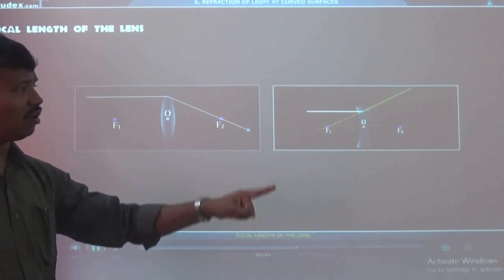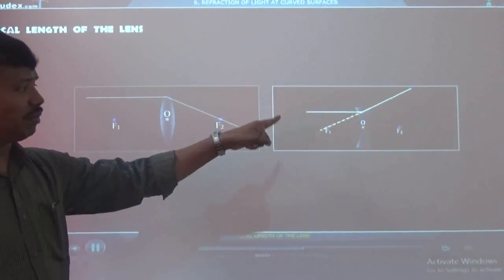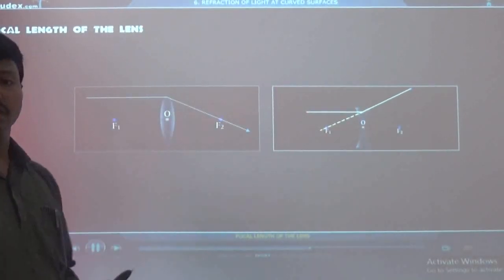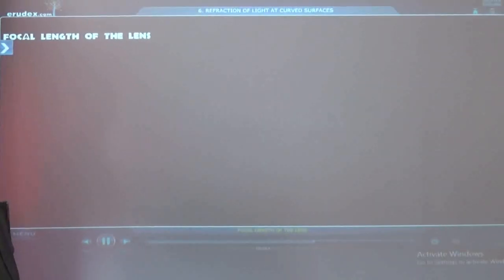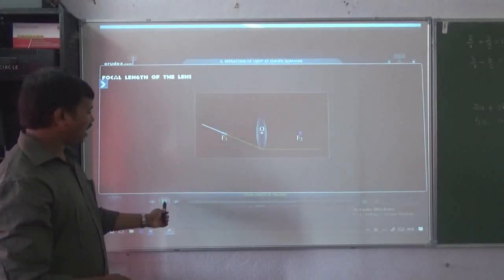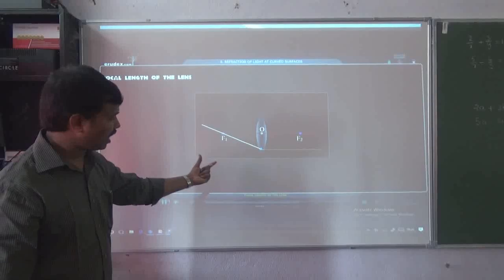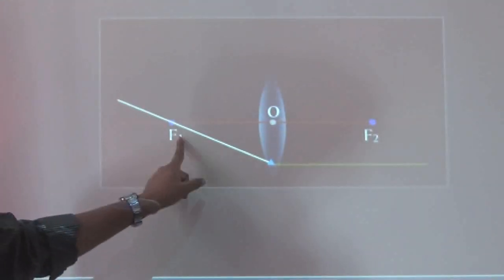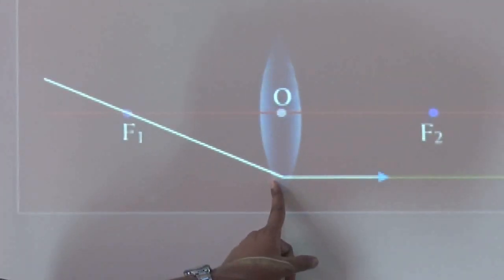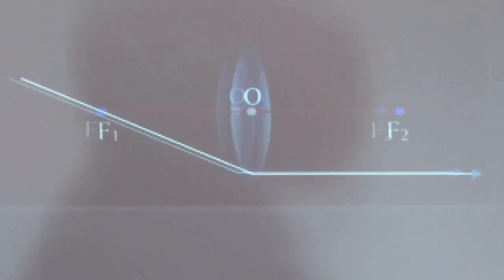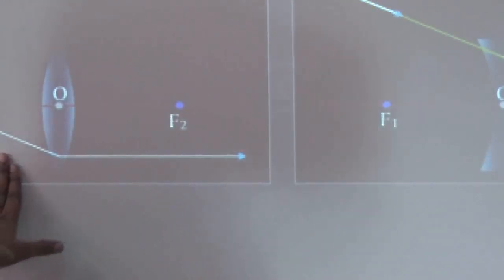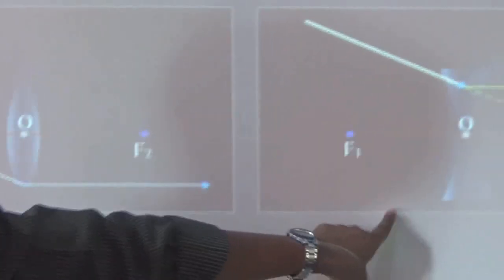In another case, a ray passing through the focus at a certain angle with the principal axis, after refraction, is parallel to the principal axis. This holds for convex lenses and in the same manner for concave lenses.